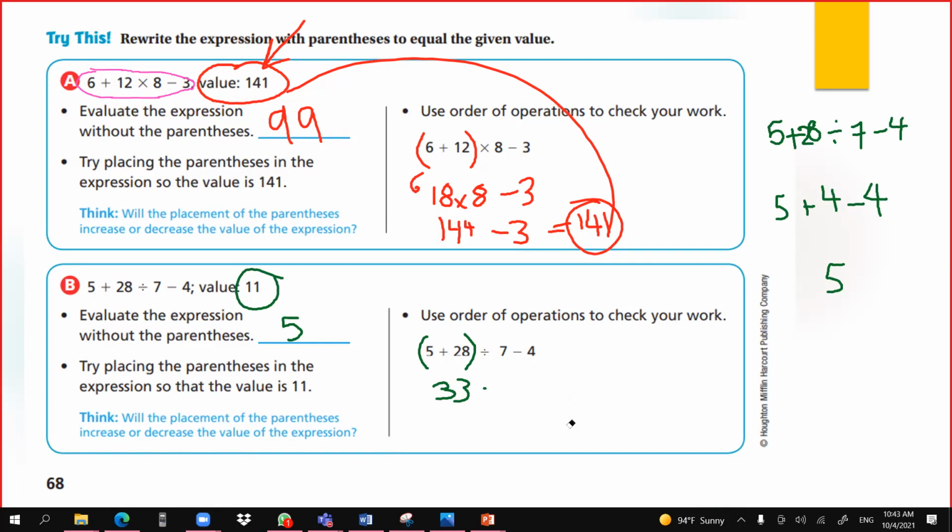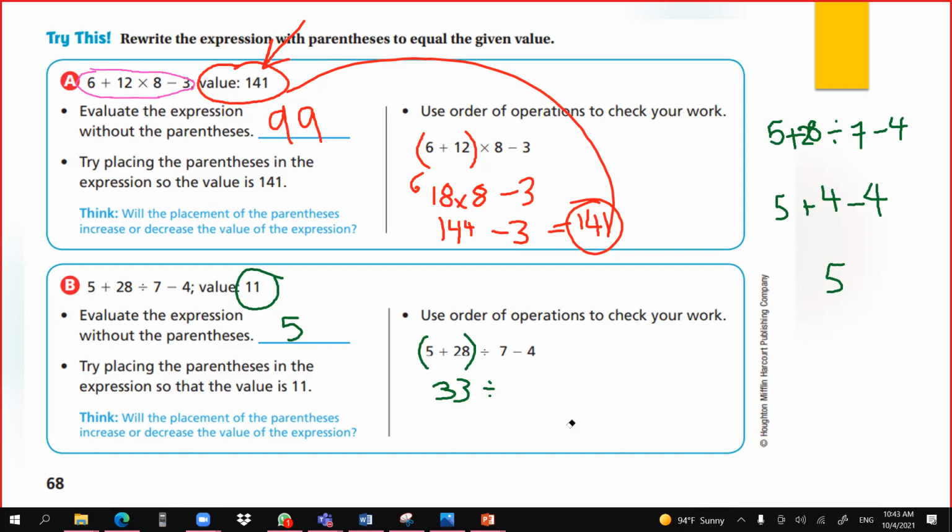Divide it by what? Divide by 3. Thank you. So now here 33, when I divide it by 3, I get 11. But here I don't have a 3. I have 7 minus 4.